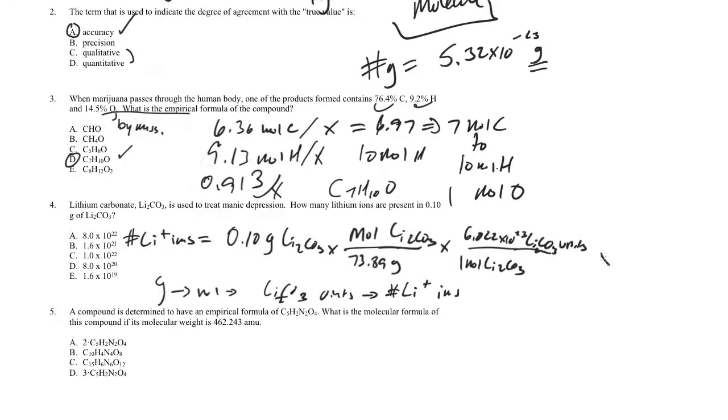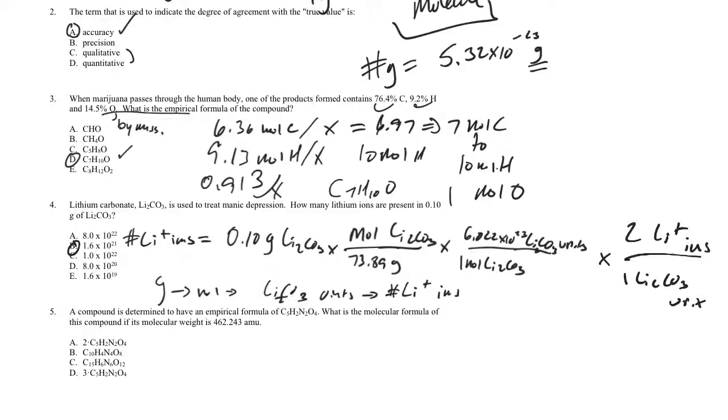It's just units of Li2CO3, where one Li2CO3 unit contains 2 Li plus ions. So we're just taking 0.10, divide by 73.89, times Avogadro's number, and then 2 lithiums per unit. That should give me 1.6 times 10 to the 21. That's answer B.